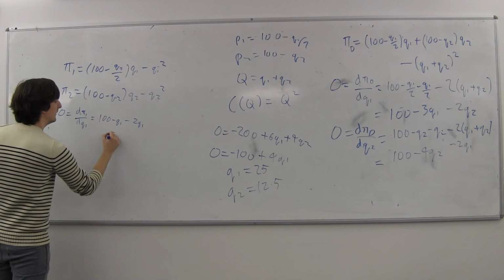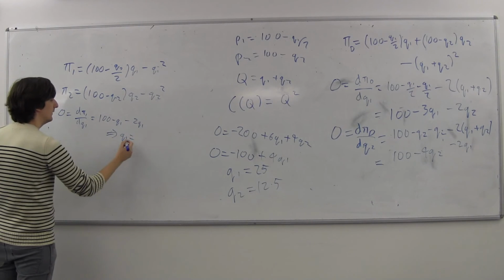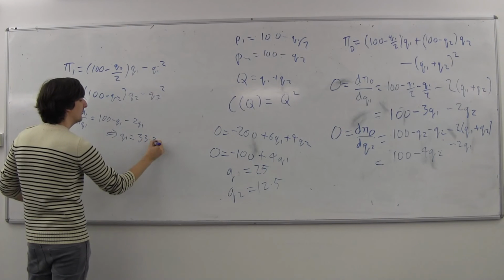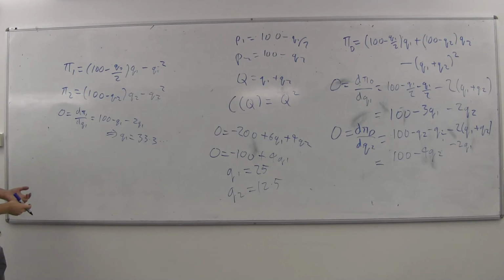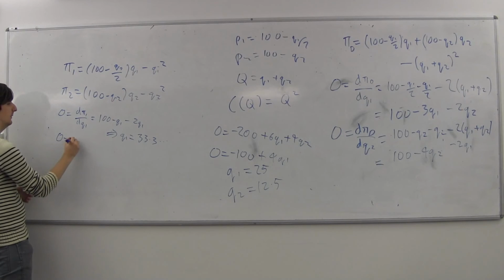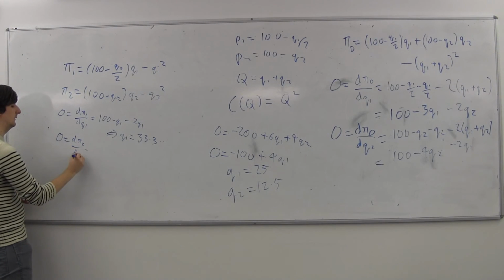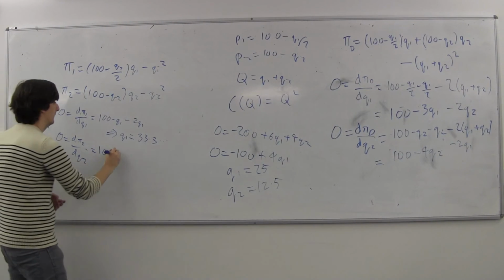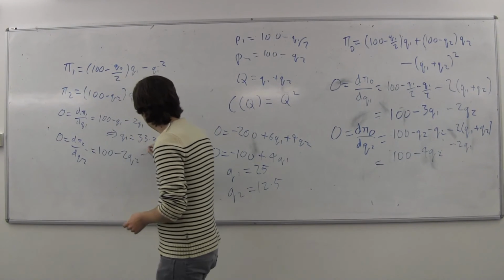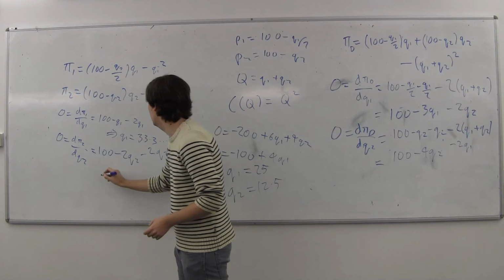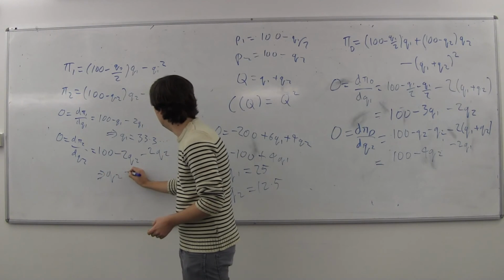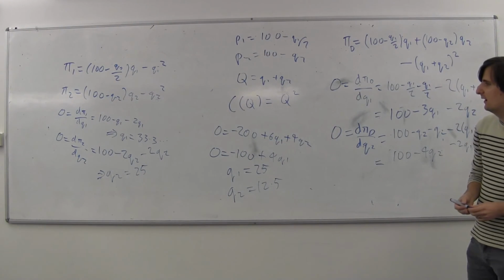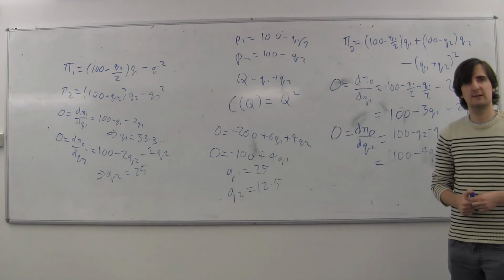Okay, so this means q1 is 33.3, etc. Second market, 2 q2, we're going to get 100 minus 2q2 minus 2q2, so q2 equals 25. Okay, so quantity produced has increased.